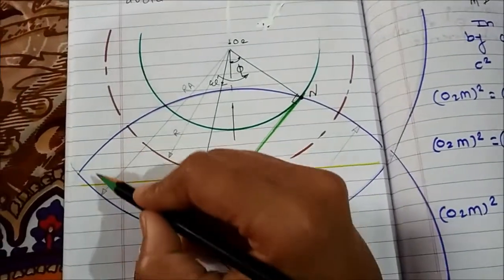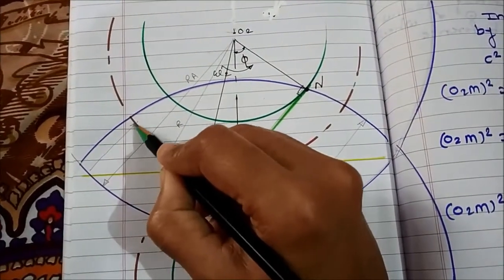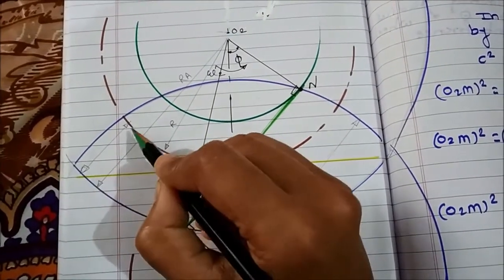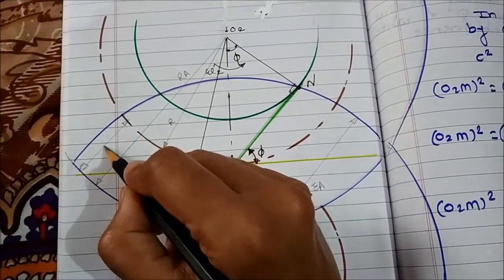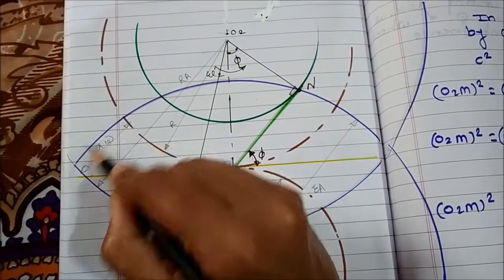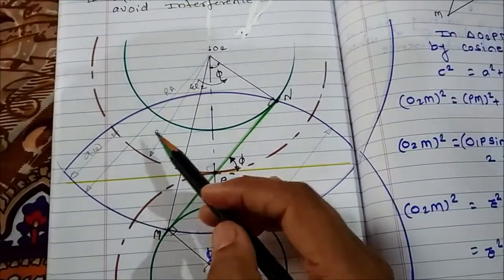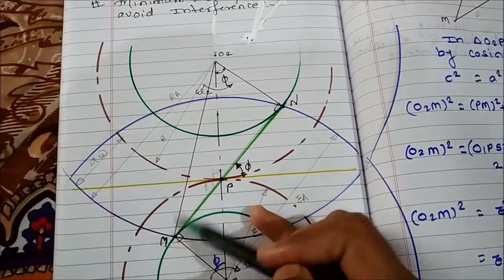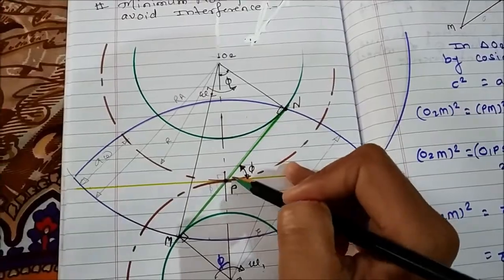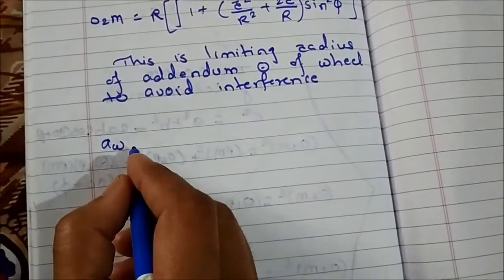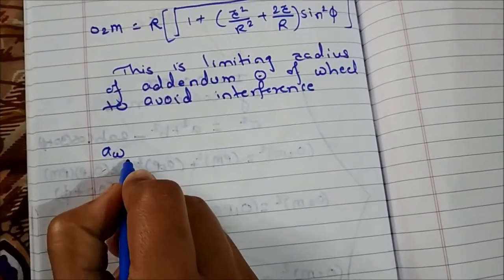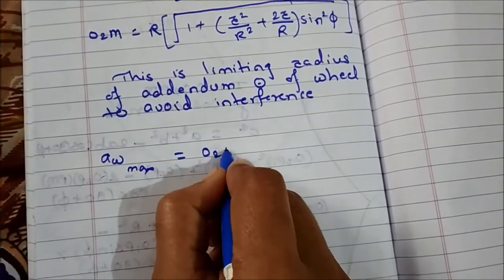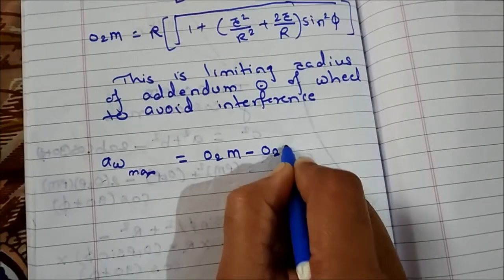When we discuss the addendum, that is the radial distance from the pitch circle to the addendum circle, the addendum of gear 2 becomes O2M minus O2P. So this addendum is the maximum addendum. Let me write here maximum, equal to O2M minus O2P.